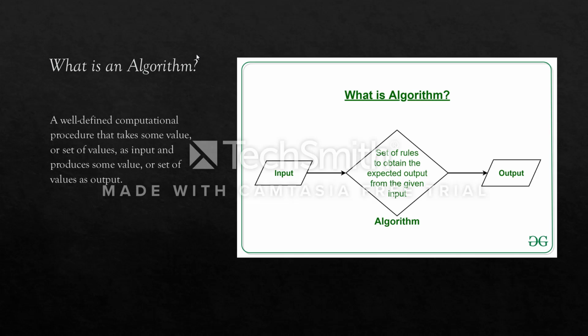If you take a calculator as an example, it takes inputs such as numbers and operations like addition, subtraction, multiplication, division. Those are some basic things that a calculator does. And it produces an output by adding two numbers, multiplying two numbers, or dividing two numbers.